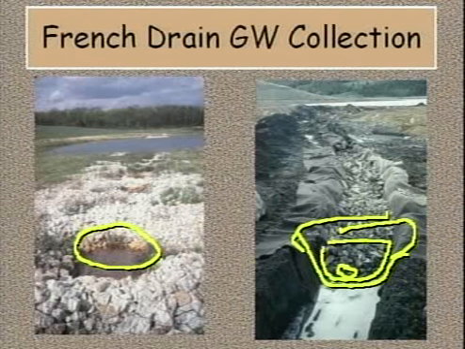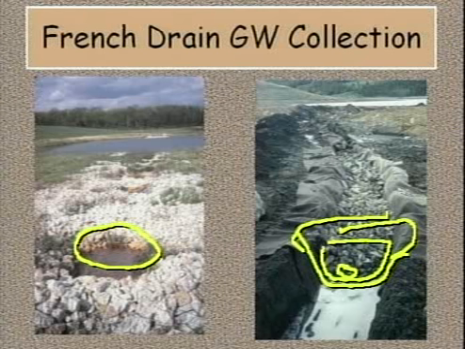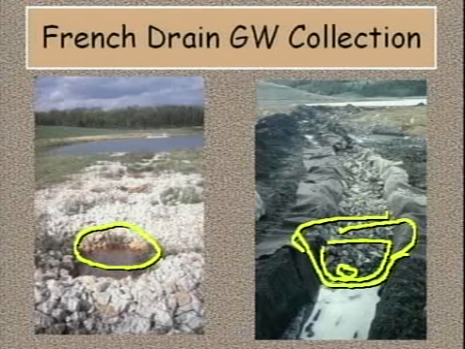Now, if this ARD had contained dissolved aluminum, aluminum hydroxide would have formed, filling up the pore spaces between the rocks and plugging up the drain. So remember, unless you design for it, and you may want to, the coarse rock in a French drain should be non-reactive with the ARD. So don't use limestone unless you really want to do something entirely different.